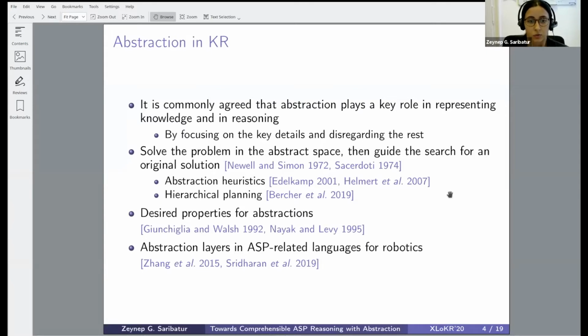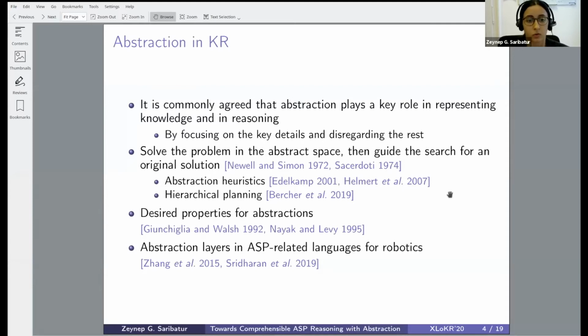The idea of creating an abstract space, solving the problem in the abstract space, and then guiding the search for an original solution in the original space has been used many years ago. This idea is especially used in planning, where abstraction is used to compute heuristics. There's also the notion of hierarchical planning, where you have abstract actions and then decompose them into more concrete actions.